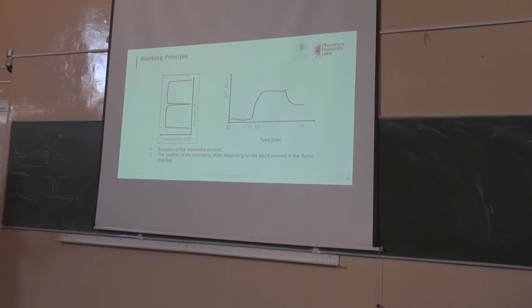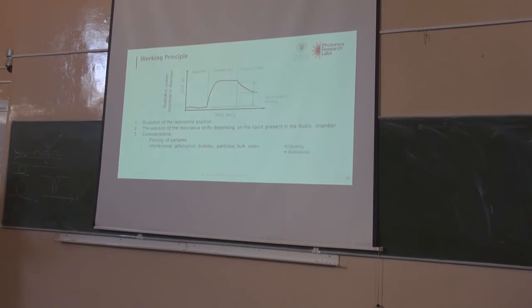That wavelength will stay there until you stop flowing the substance, and then it will remain at a given point. So you have the baseline, you have been flowing your actual sample that has bound to your detector, and then when you stop flowing it, in some cases it will dissociate from the sensor and will go away.